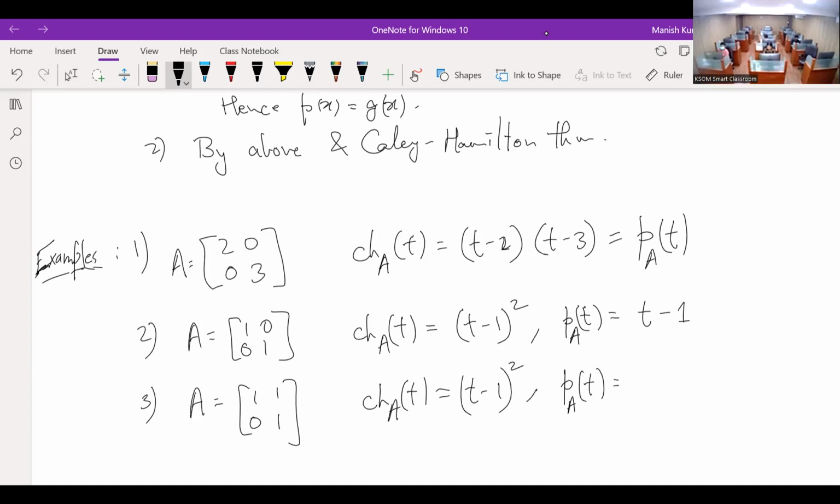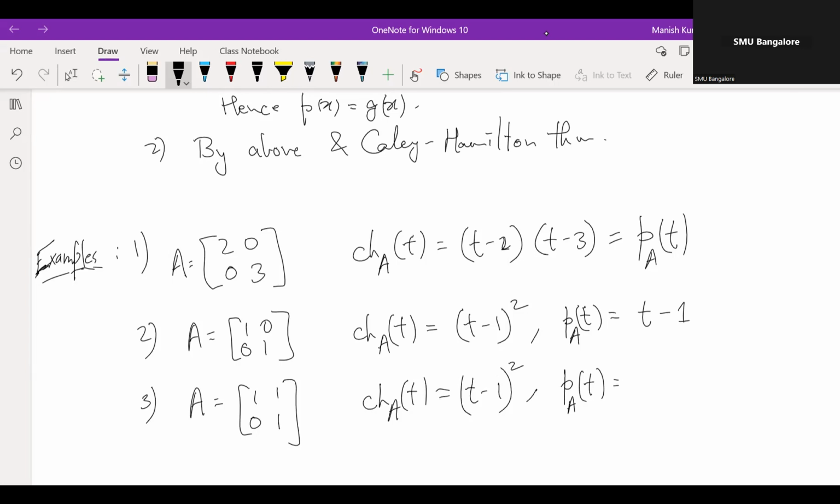It's not degree 1, at least it's not t minus 1, that we know, right? Because if we take t minus 1 and put in A, it doesn't become 0. And it has to divide the characteristic polynomial, by the previous equality. So it has to be either t minus 1 or t minus 1 whole square.